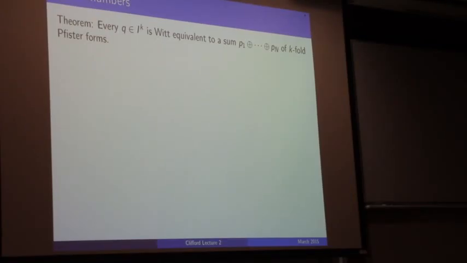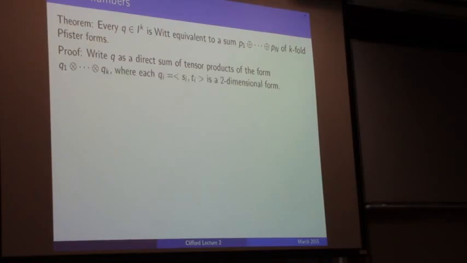So a very simple lemma is that every form in the kth power of the fundamental ideal is equivalent to a sum of k-fold Pfister forms. So by definition, such a form Q is a direct sum of k-fold tensor products, where each Qi is even dimensional, but then we can break each Qi as a direct sum of two-dimensional forms.